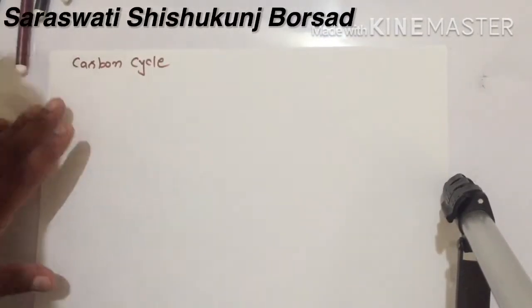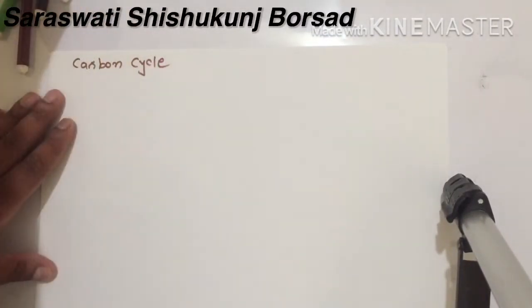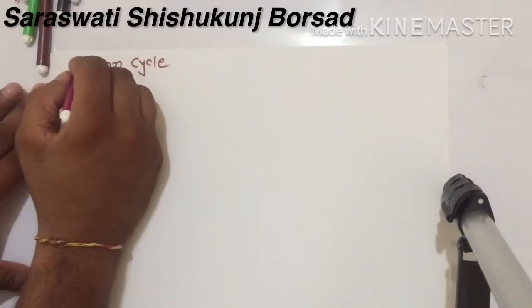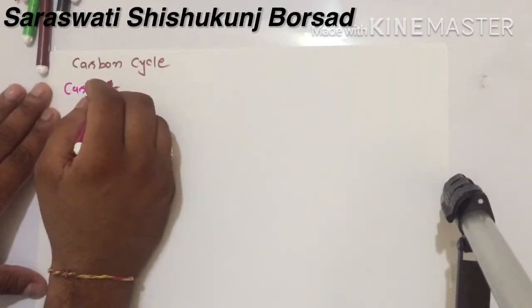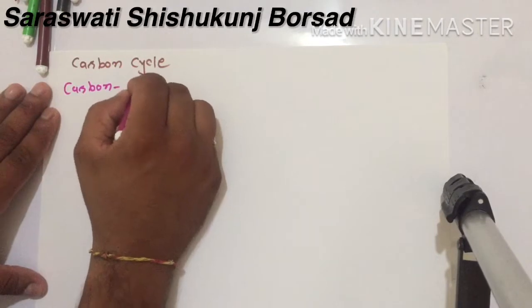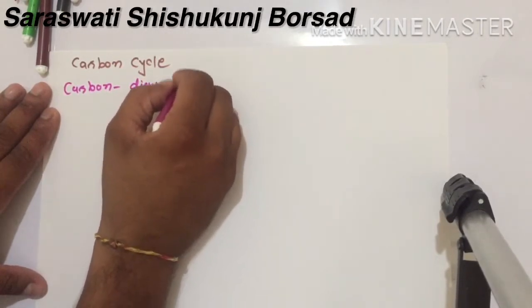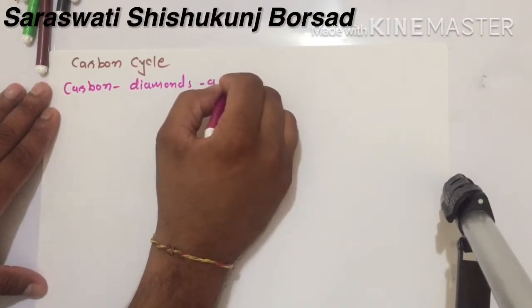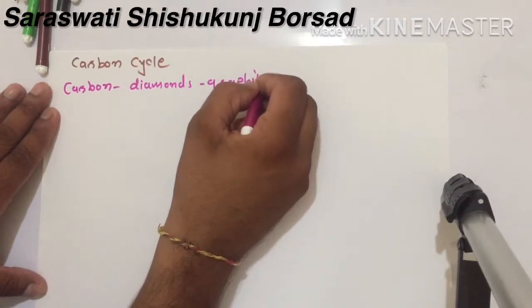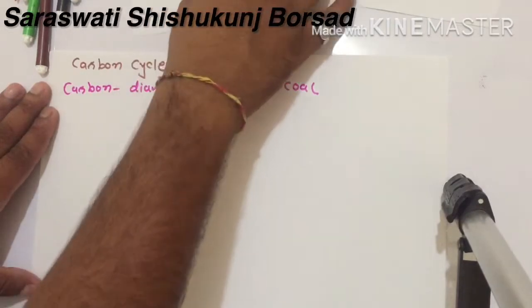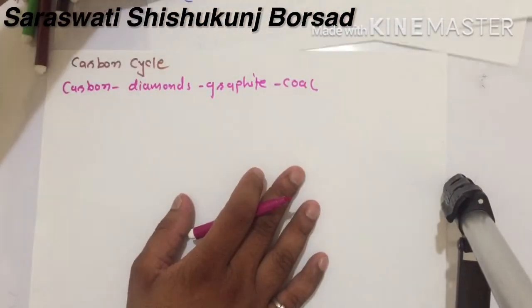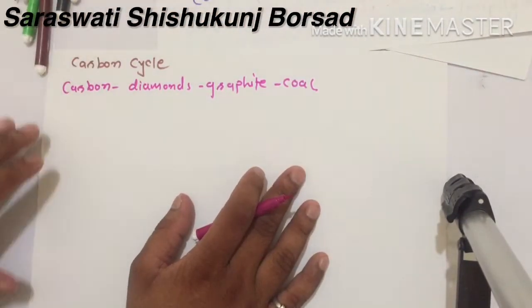Okay, so let us understand how the carbon cycle works. First of all, we know that carbon is a very important element on earth. It is in various forms like diamonds, graphite, also in the form of coal, and the food which we eat is also a different type of carbonic compound.